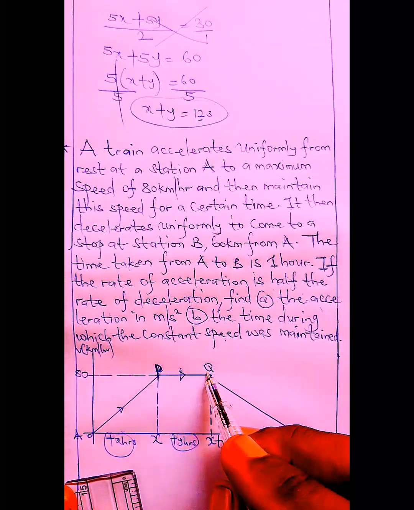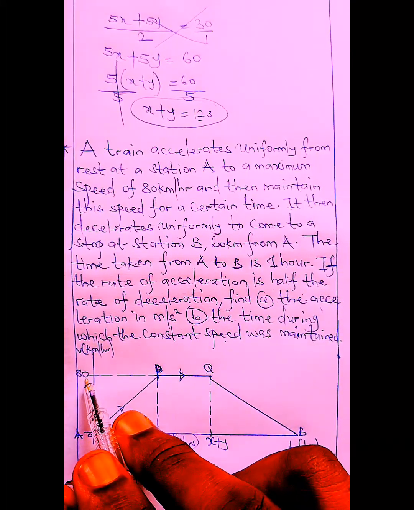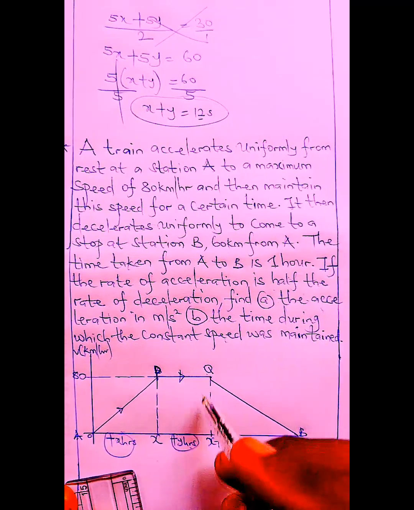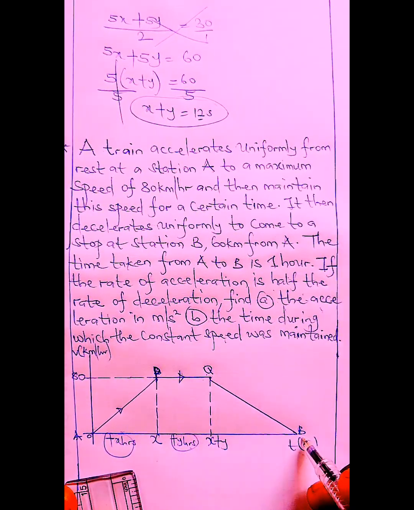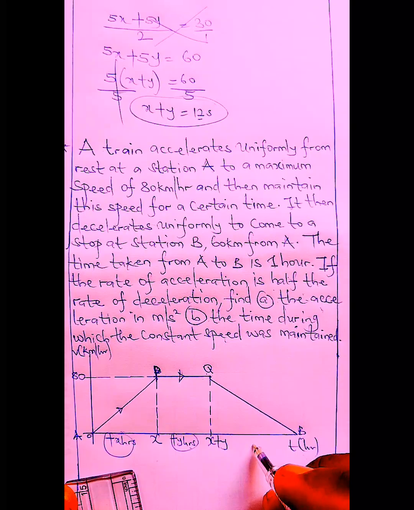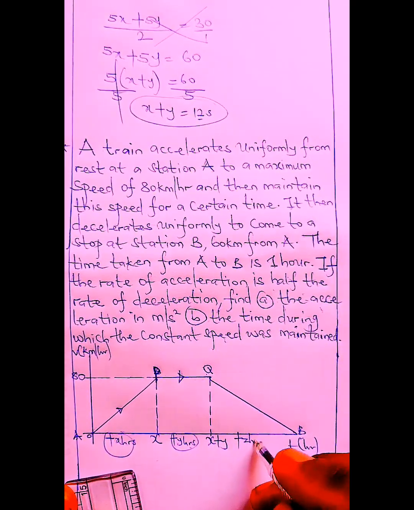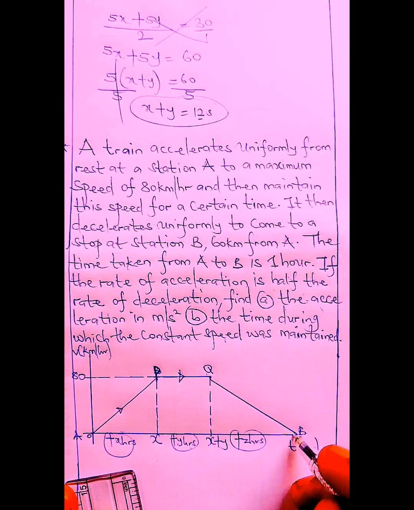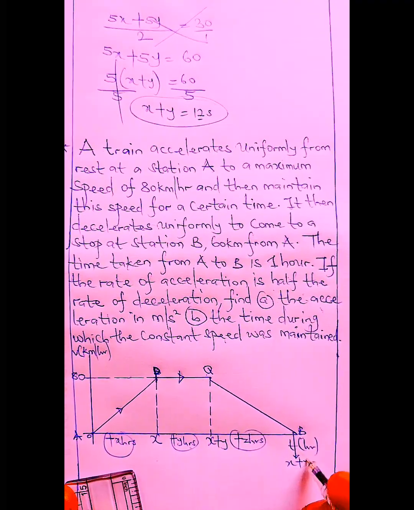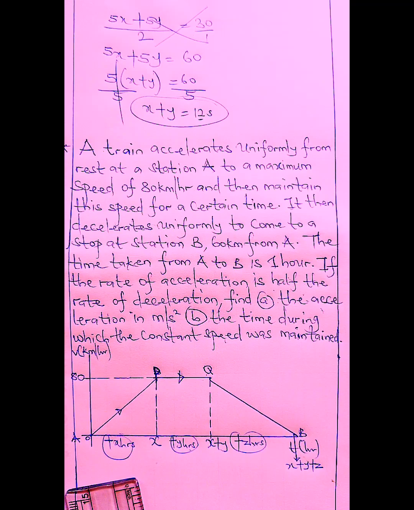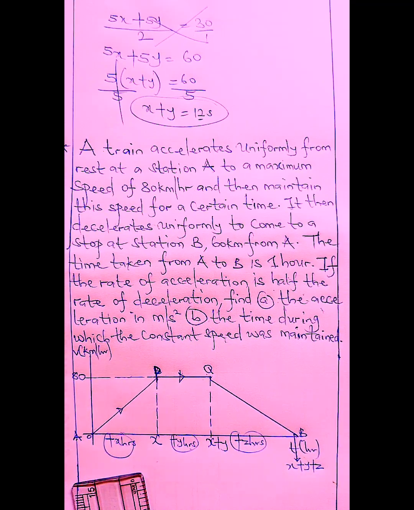Then from P to Q, it maintains the same 80 kilometers per hour speed attained, which took Y hours. Then from Q to station B, it took some more time that we're not told, so we assume it's Z hours. So here we have X plus Y plus Z at this very spot. We've interpreted this already.